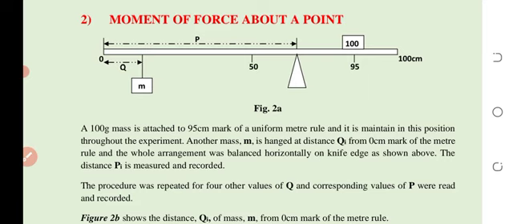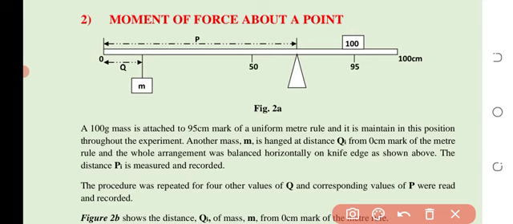Okay, we have another mass M, which is hung at a distance Q from the 0 centimeter mark of the meter rule, and the whole arrangement was balanced horizontally on a knife edge as shown above, and the distance P is measured and recorded. If you are familiar with this type of experiment, you will know what we are talking about here.